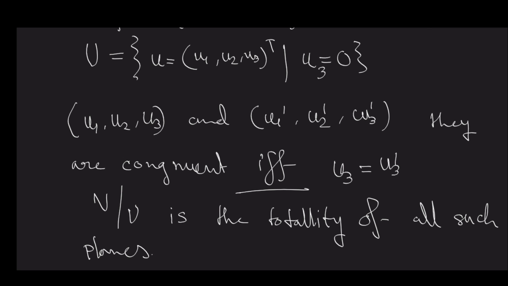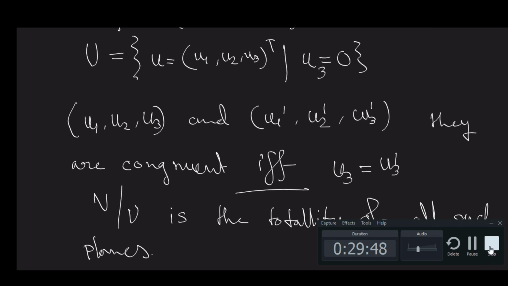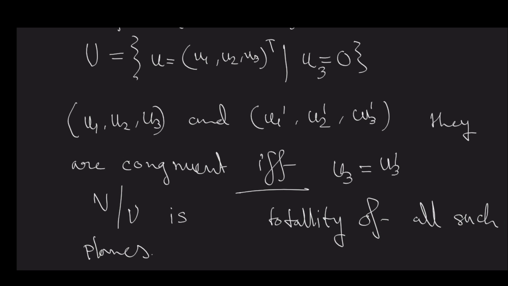Okay, and the last thing that we have to prove is how we can define it, the claim that this quotient space is a linear space. In order to make it a linear space, we have to define the two operations, that is the addition of the vectors.